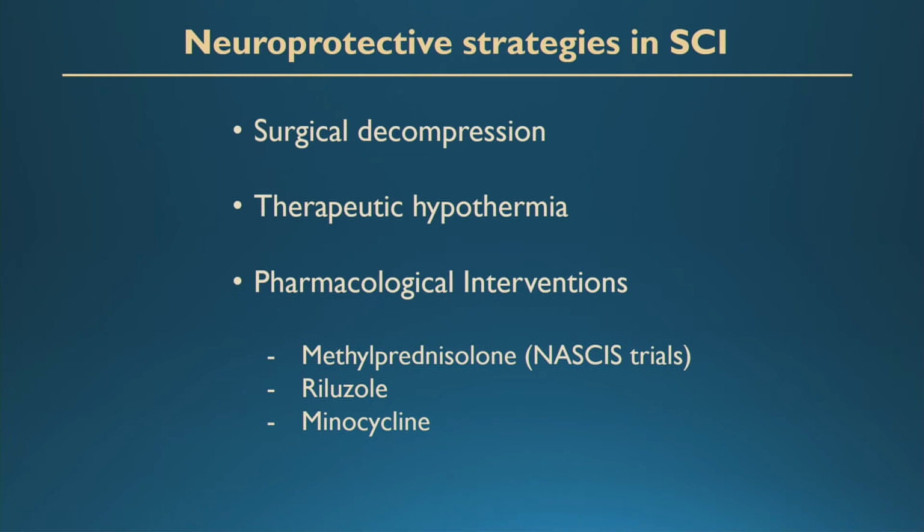So as I mentioned, surgical decompression is something that is done in the clinics to alleviate the pressure that is created after the injury. Therapeutic hypothermia is also being investigated, so you temporarily reduce the temperature of the body, metabolism comes down, and there's a series of benefits to that. And there's a number of pharmacological interventions.